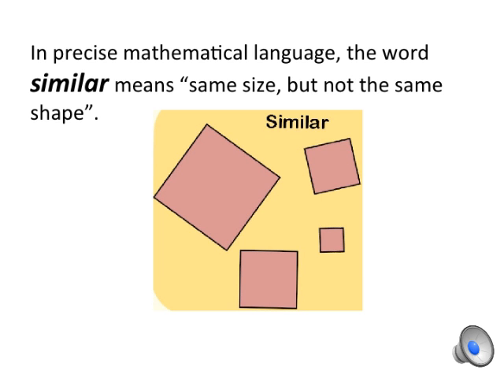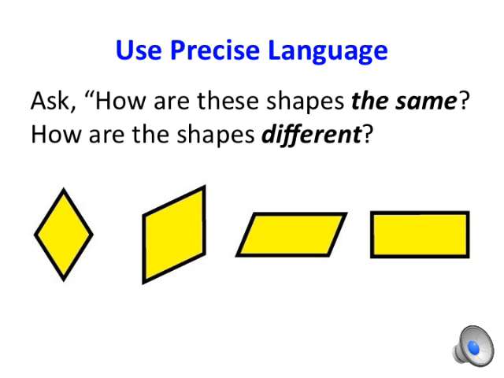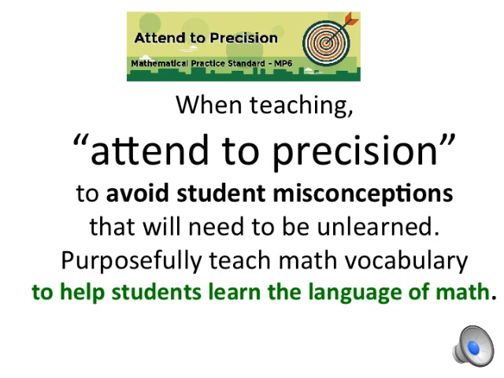In precise language, the word similar means the same shape, but not the same size. Use precise language. Rather than teaching a rule that expires, ask, how are these shapes the same? How are the shapes different?